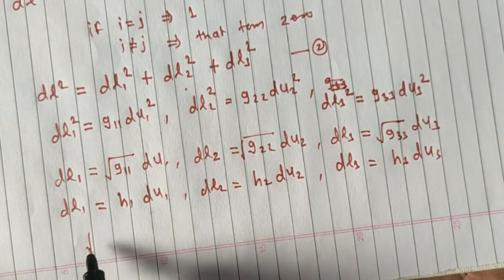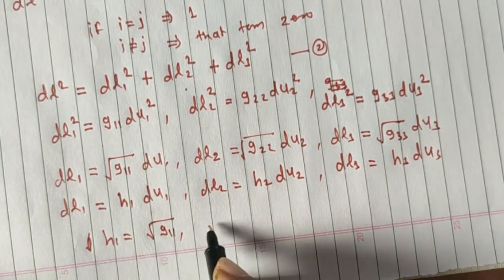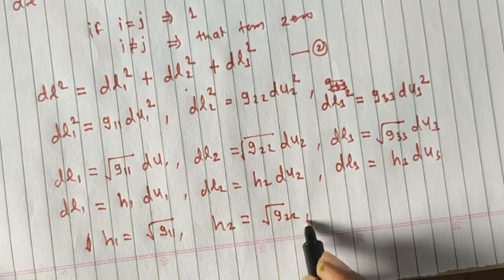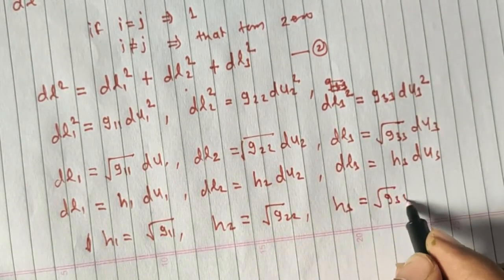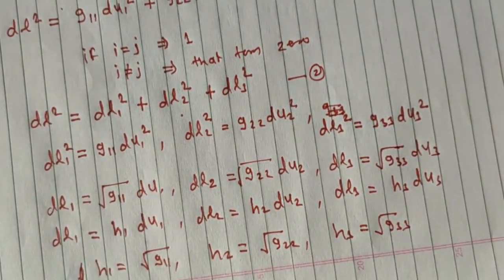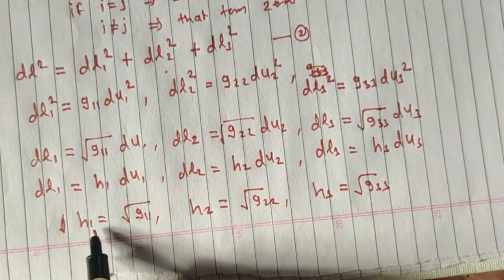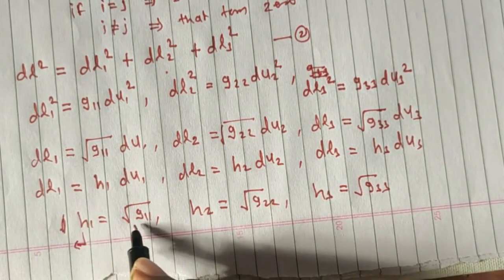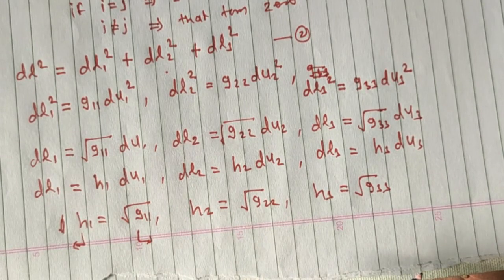So what I know is this: h1 is equal to root of g11, h2 is equal to root of g22, and h3 is equal to root of g33. Now let us see what we got. We got h1 is equal to root of g11. So this is the scale factor and this is the metric coefficient. So we got the scale factor in terms of the metric coefficient.